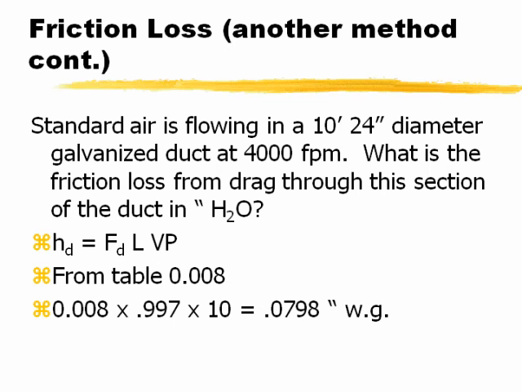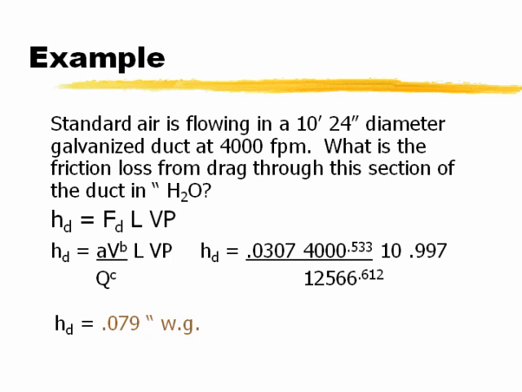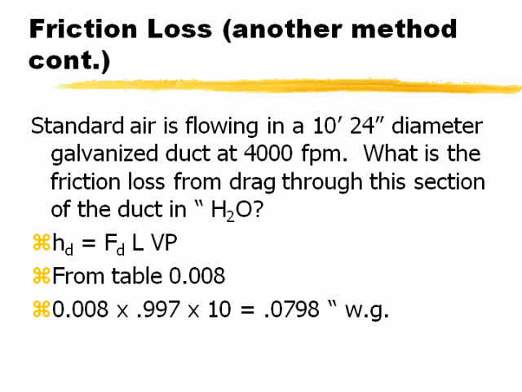And so we plug it into our relationship here with the loss factor multiplied by the length of the ductwork multiplied by velocity pressure. And we get a loss associated with that 10-foot section of ductwork of 0.0798. So that is pretty darn close to the 0.079 we found with the other method of calculation. And so you can see how both of these methods correlate pretty well in terms of finding the loss associated with moving air through straight sections of ductwork.